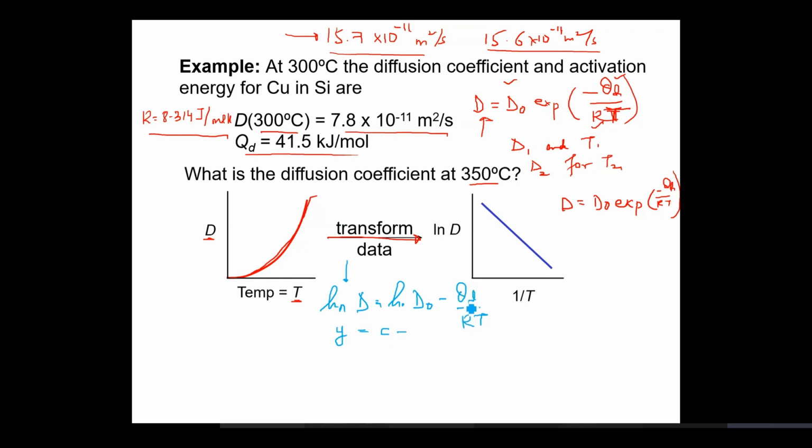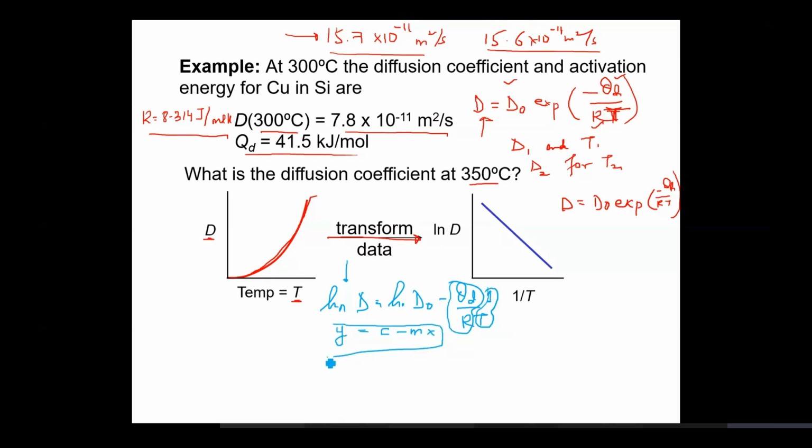Minus QD over R, let's represent with a constant, which is m. And 1 over T, let's represent with another variable, which is x.